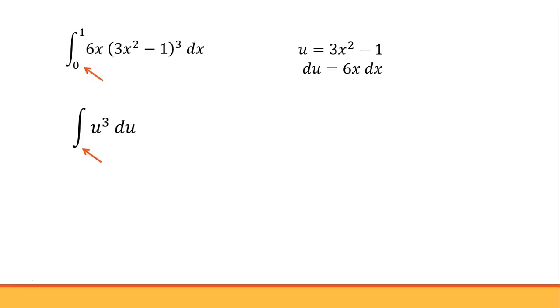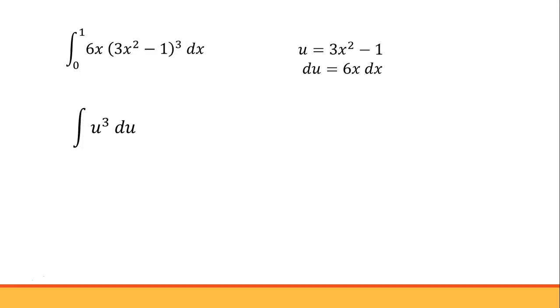And that's because the 1 and the 0 are lower bounds and upper bounds in terms of x. We now have an integral that's in terms of u. So those bounds have changed, and we can't say that we're integrating from 0 to 1 anymore. But that's okay. We can leave those bounds off, and we'll bring them back in once we back substitute.